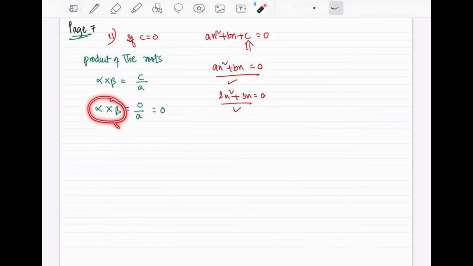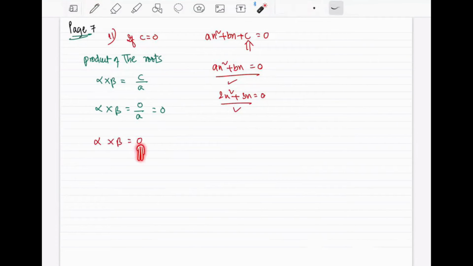What is the meaning of alpha into beta is 0? If you multiply two roots and you get 0, that means one of them is 0. Both cannot be 0, because if a quadratic equation has both roots as 0, then the quadratic equation is not possible.